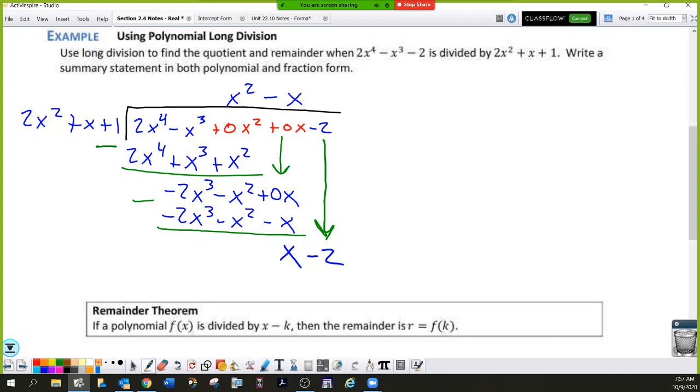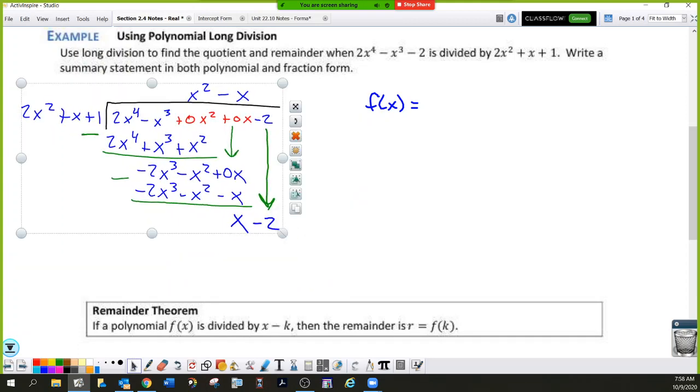So this is how you would write this. Let's first write it in polynomial form. Here's the polynomial form. Our f of x can be represented by, and maybe I'll just shrink this again to make sure I have space. There we go. Now I have plenty of space.